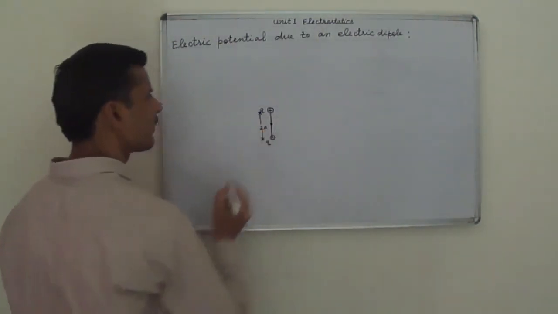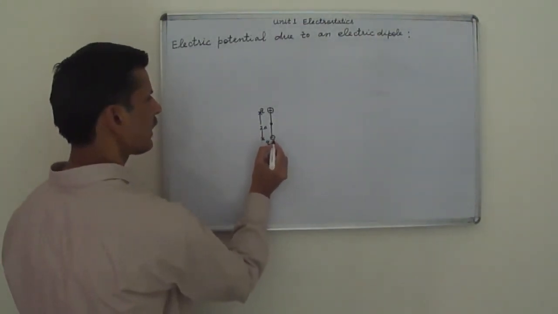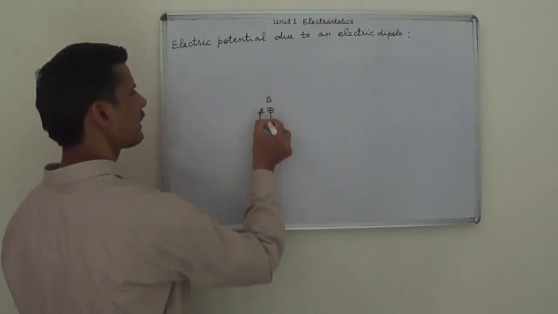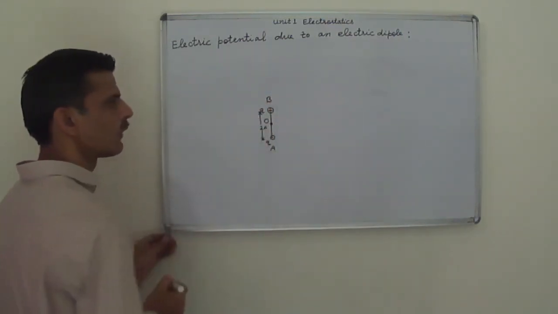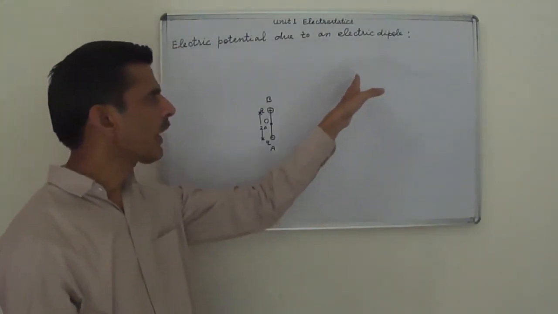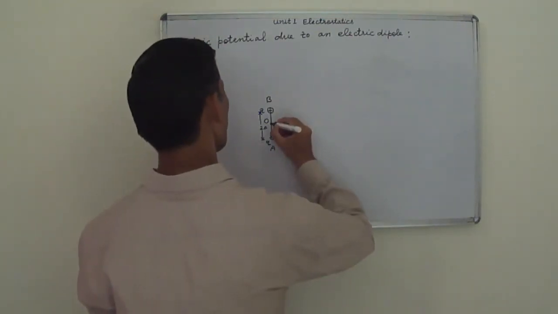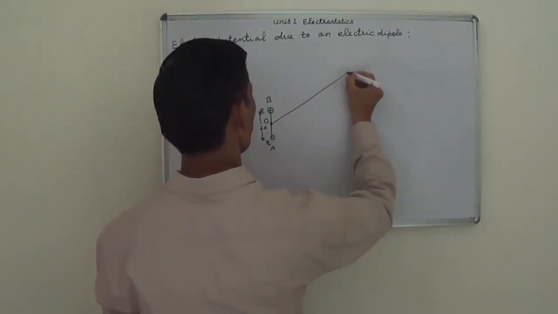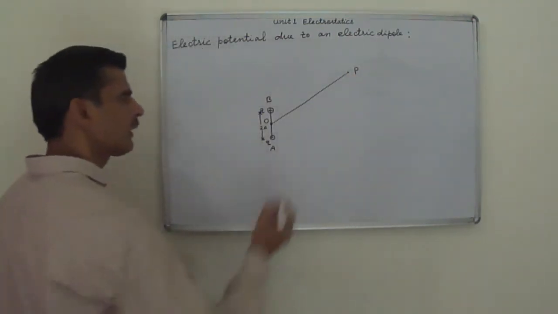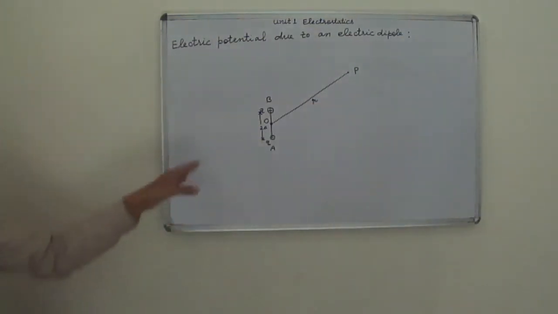This is the midpoint of the dipole. Say this point is A, this point is B, and this midpoint is O. And we want to find out potential at a general point P, at r distance away from the midpoint of the dipole.